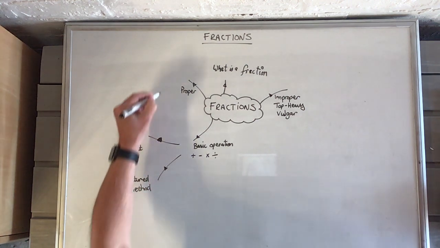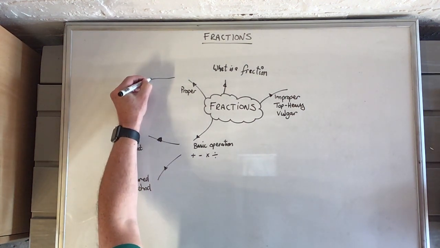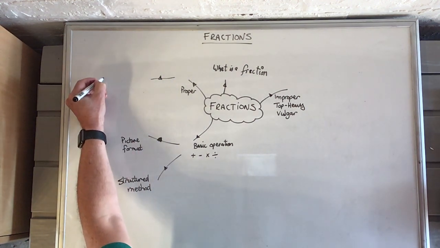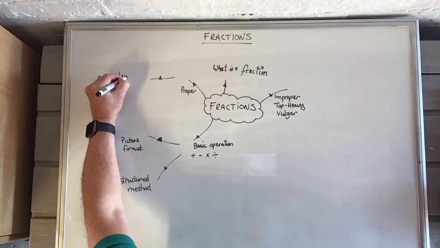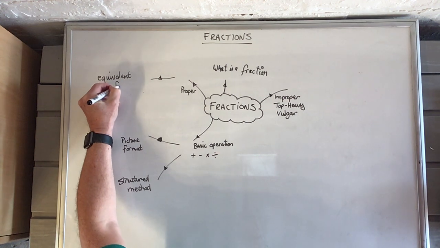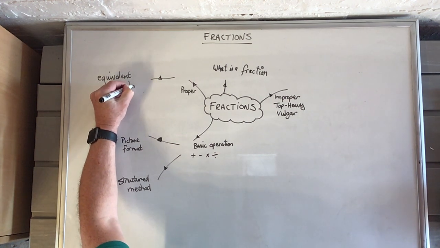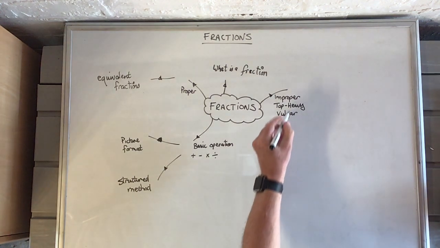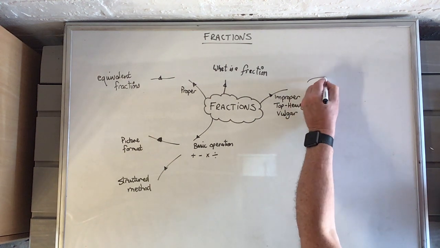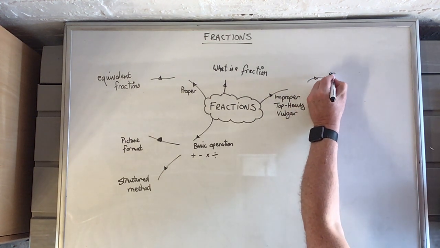Within proper fractions, we have other things as well. Really important, equivalent fractions. Now, equivalent fractions are fractions that are the same. They look different, but they're actually the same. And improper fractions have the same idea as well. We can do equivalent fractions for them.